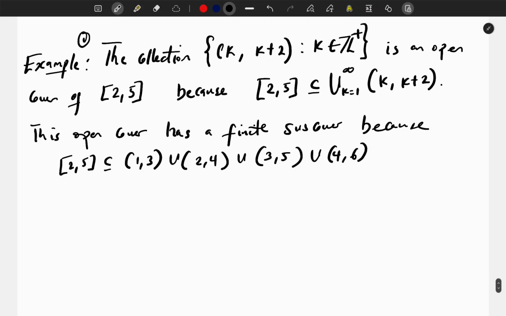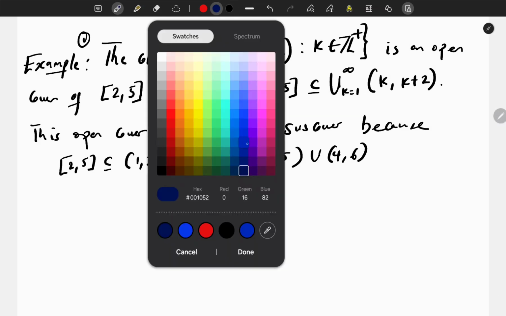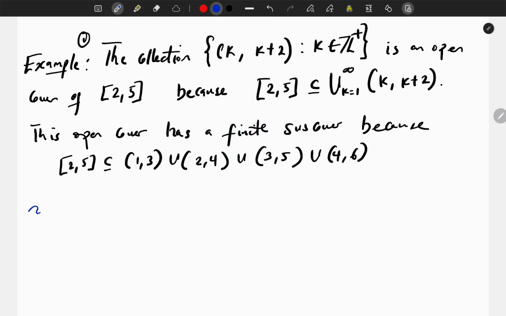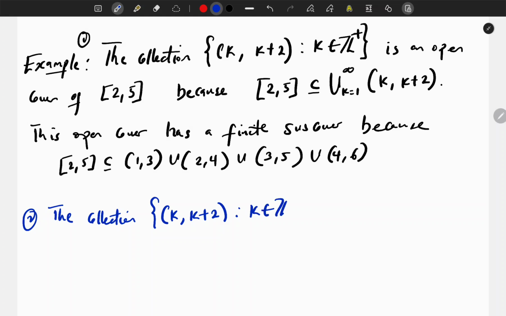But let's check another example. Example 2. We have another collection of open intervals k comma k plus 2, k a positive integer.